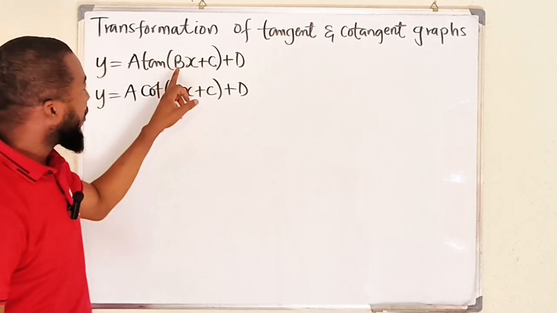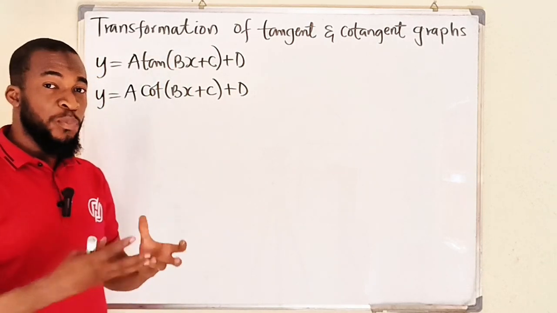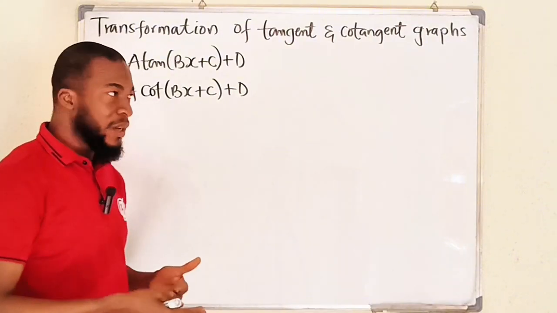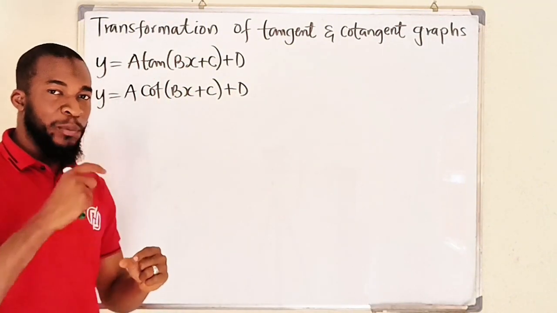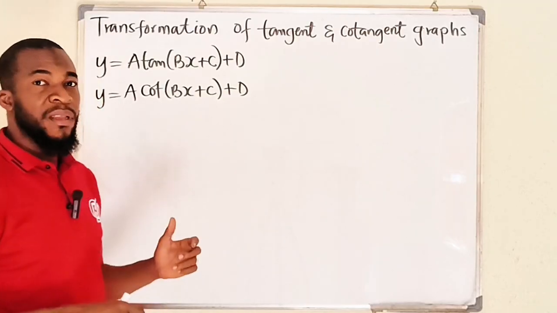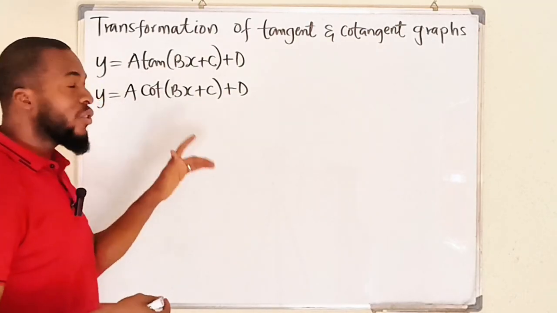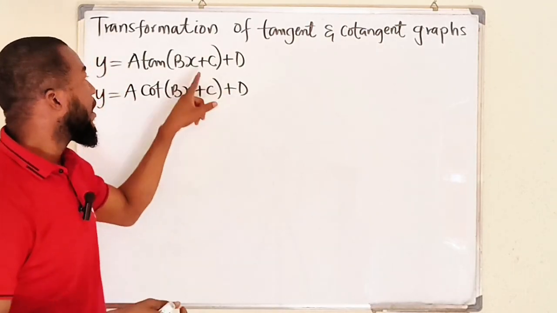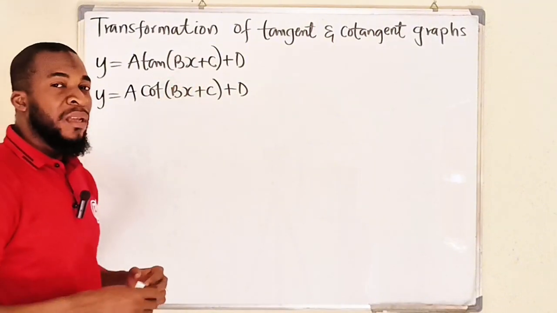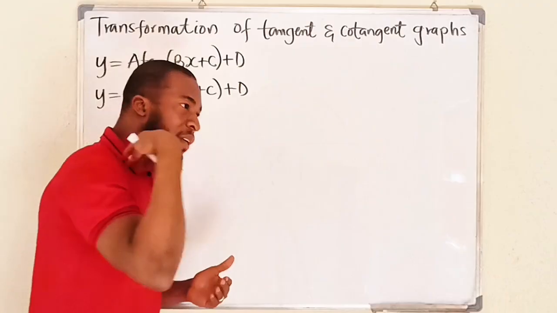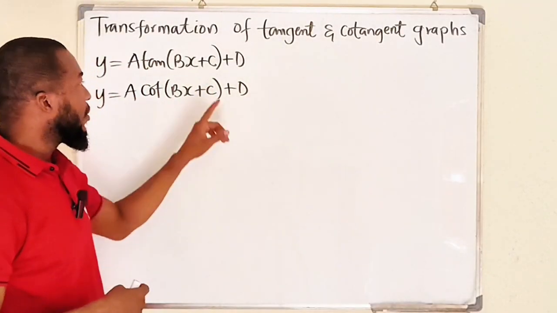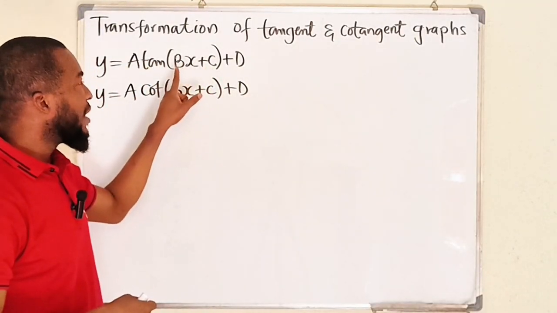Then moving on, we have b here. We use b to determine the period. Remember the mother function, we are coming to that. It has a period of pi. Then to determine the period of the transformation, you take that pi and divide by b. To determine how many units you are going to shift the graph to the right or to the left, you take c and divide by b.